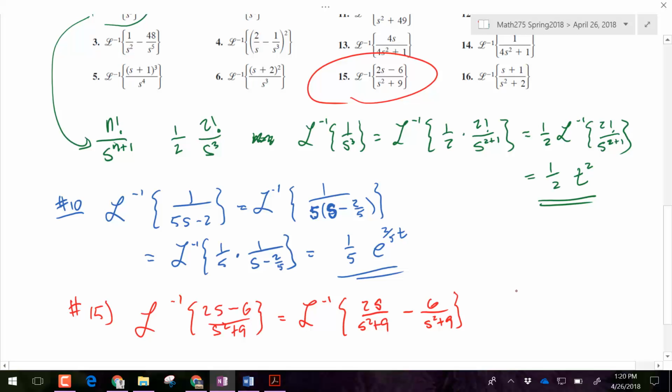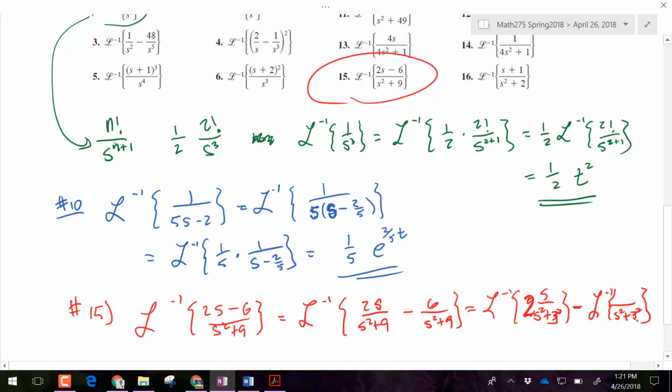I mean, s squared plus 3 squared, right? Because you want to identify the thing. So for the first one, we have a 2, and then we have s over s squared plus 3 squared. The constant 2 can go outside. And then for the second one, we have a 6 over s squared plus 3 squared.